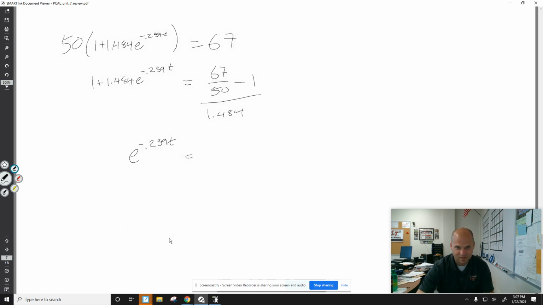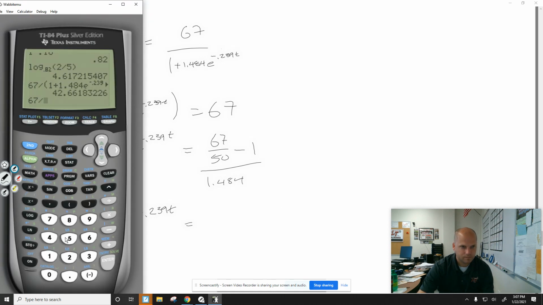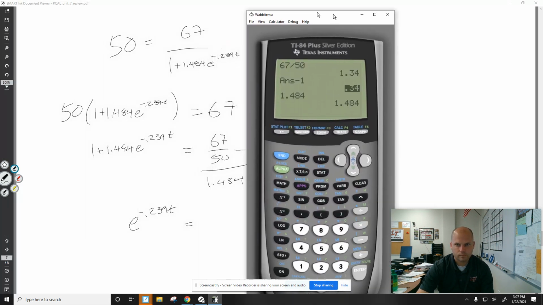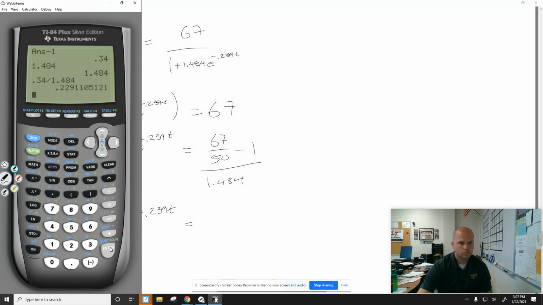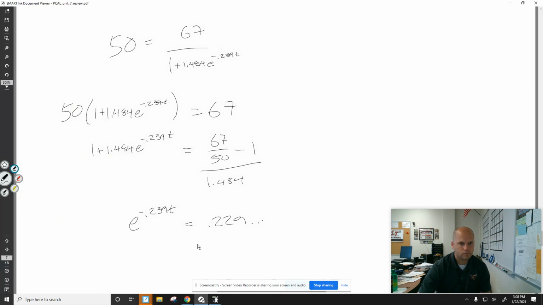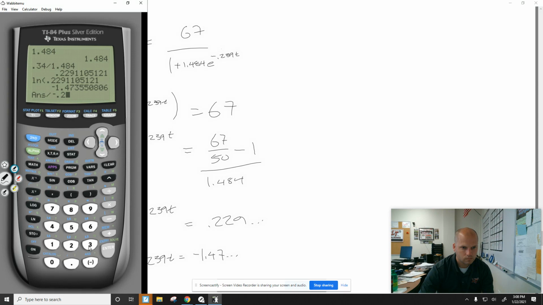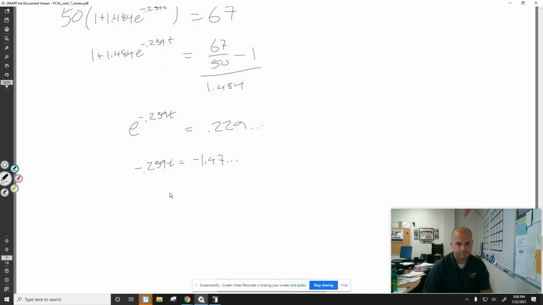Take the natural log of both sides and then divide. 6.165. This is in years.